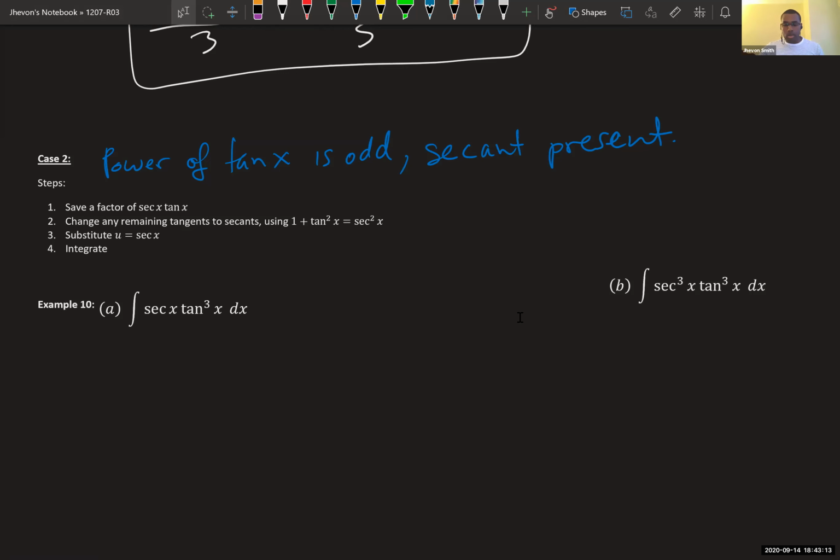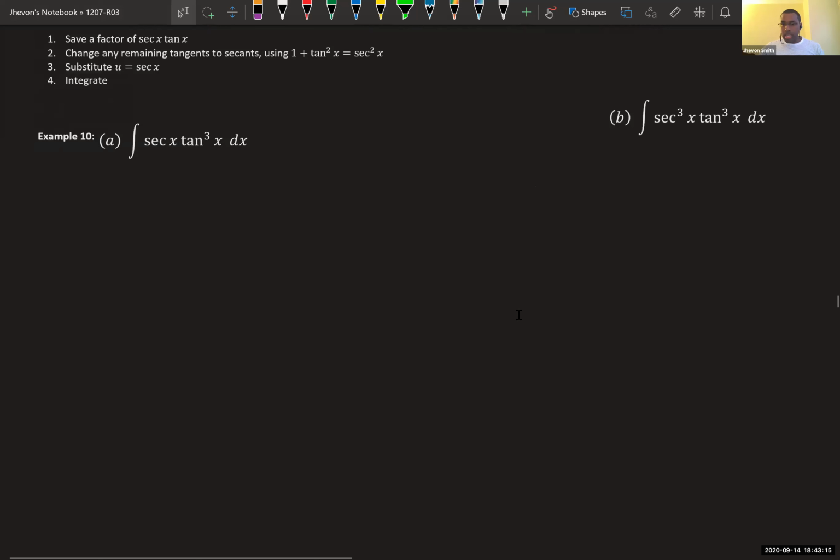Now secant is going to be your u. So for example, you have here secant x times tangent cubed. You would end up with tangent squared times, you factor off a secant tan.